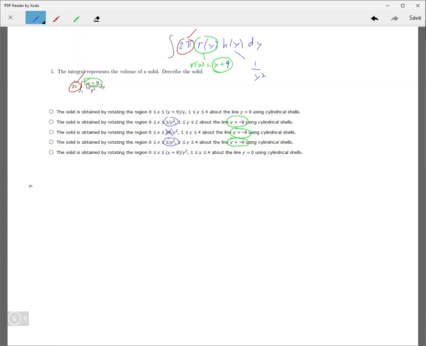Well, no, it can't be, because you have to have a y in there. Okay, so this goes from 1 to 2. This goes from 1 to 4. Oh, it's got to be this one. This goes from 1 to 4. And so the limits of integration is that one. Yeah, that works. That looks like it works.